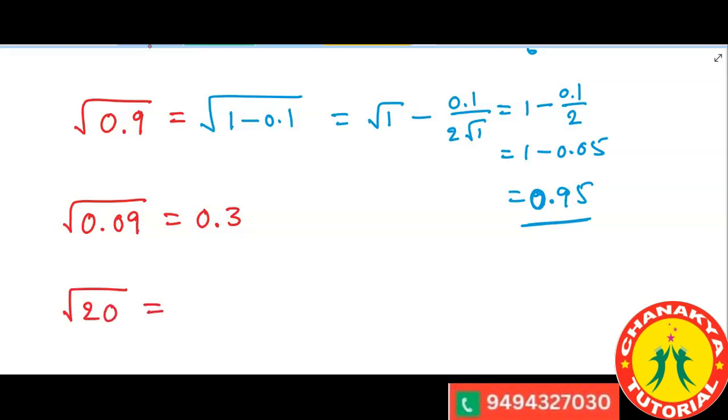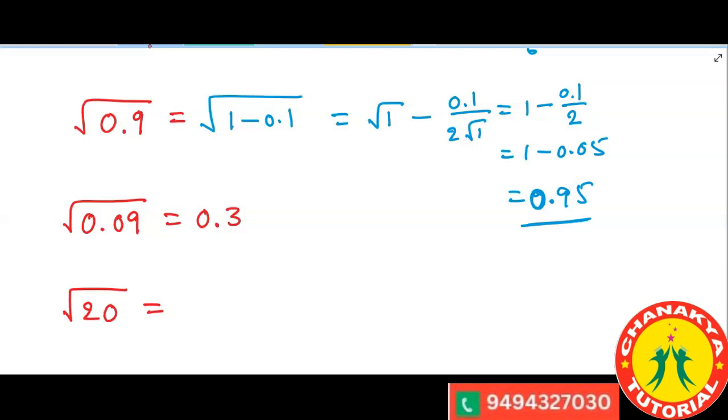Sir, we can write as 16. Tell me the above and below perfect square numbers. 16 and 25. Which is nearest? 25. Okay, consider 25. Actually, 16 is nearest, right? Yes, sir.